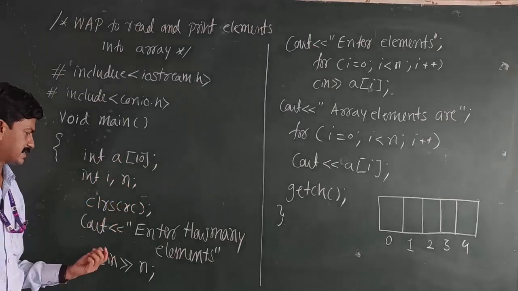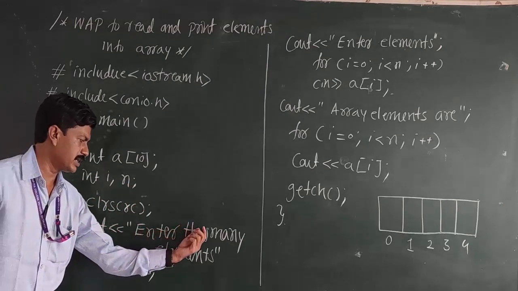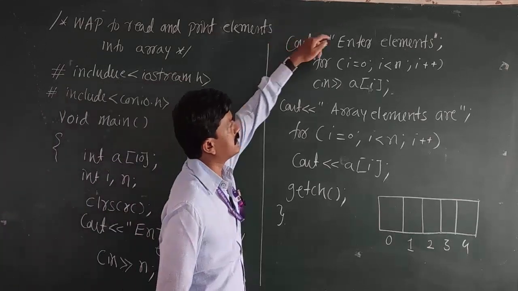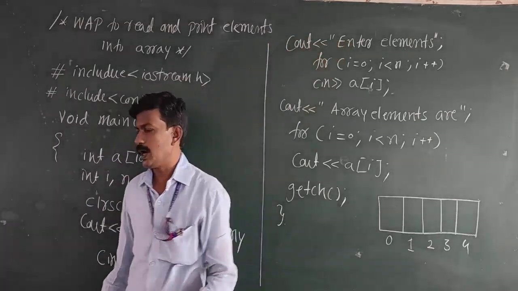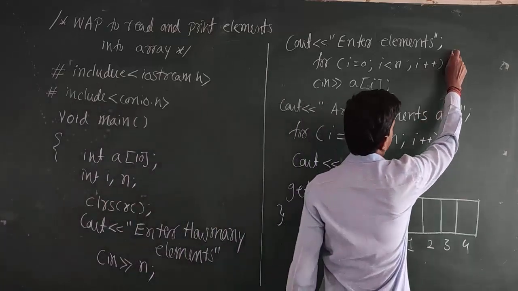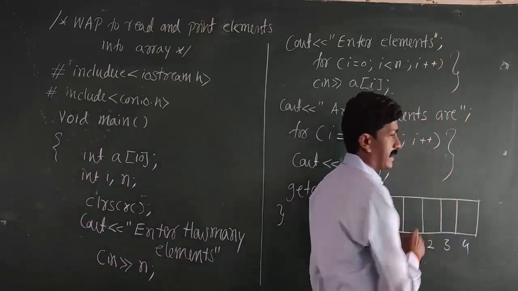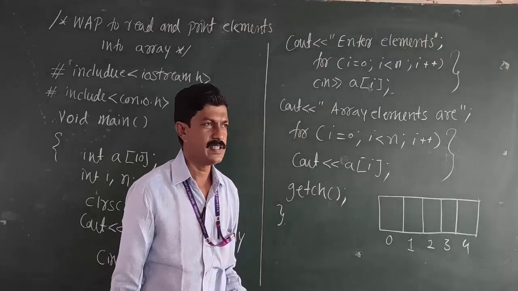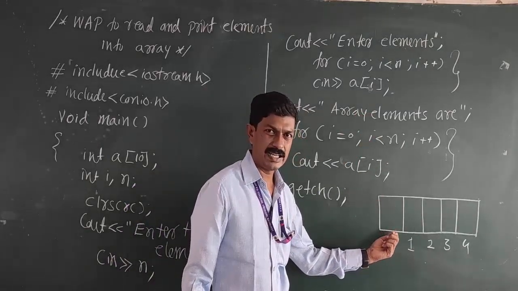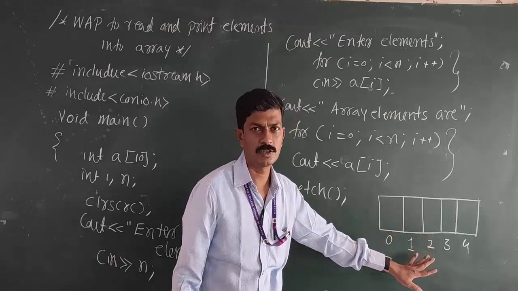clrscr is clear screen; cout: enter how many elements; cin n; cout: enter elements. Now these steps are an example of traversing in a linear array. Traversing is accessing each and every element of a given array exactly once for performing certain operations.